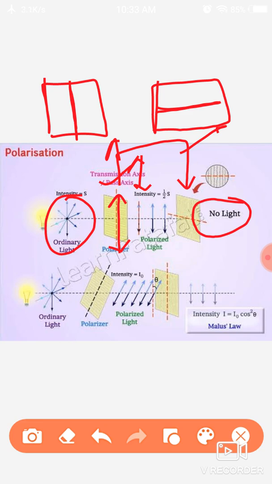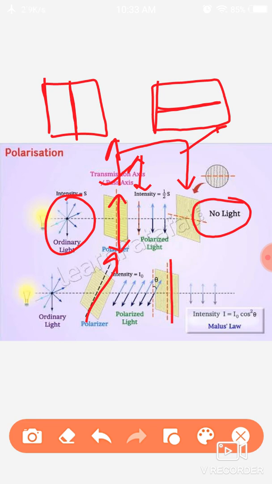Now we would like to talk about Malus law. What does it say? According to Malus law, suppose there is an angle theta between a polarizer and an analyzer, here is our polarizer and here is our analyzer.